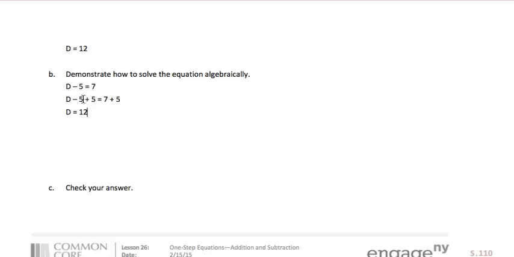And D minus 0 is D, so D is equal to 7 plus 5. Then what we'll do is substitute 12 into our original equation. We have 12 minus 5 equals 7. And if that is true, which it is, then we know that we found the correct answer.